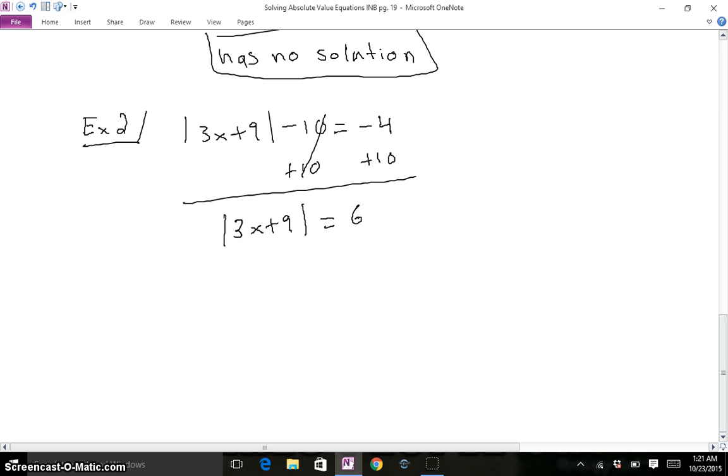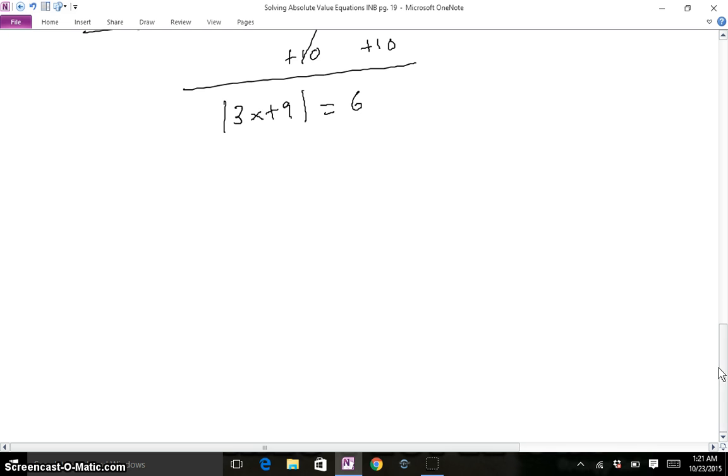So the absolute value equals a positive number. We can now split it apart and solve for it. So we'll take the expression inside equals positive 6, or 3x plus 9 equals negative 6. Then we're just going to use some algebra.